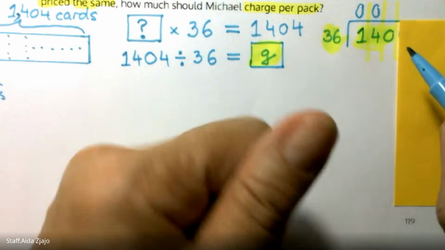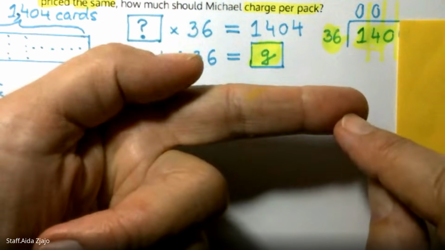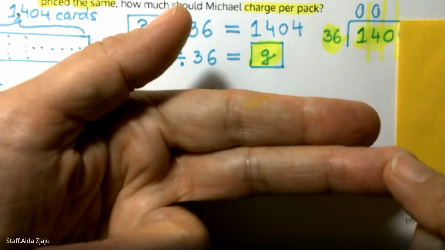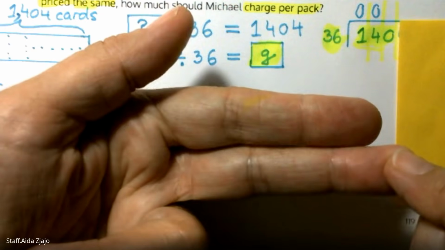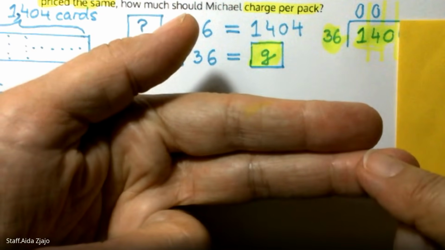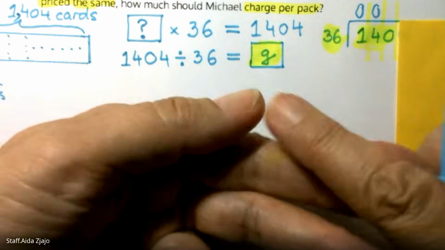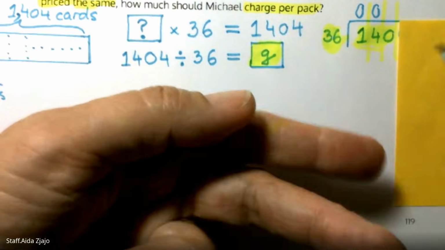So we can count 40 and 40 is 80, and 40 is 120. I wouldn't go further than that because I have 140, and 3 times 40 is 120.